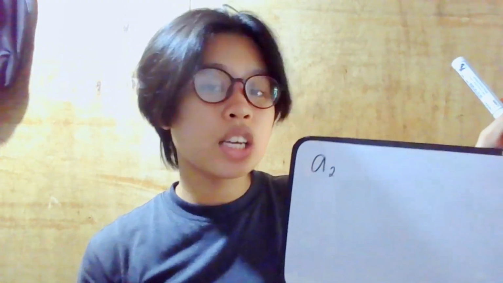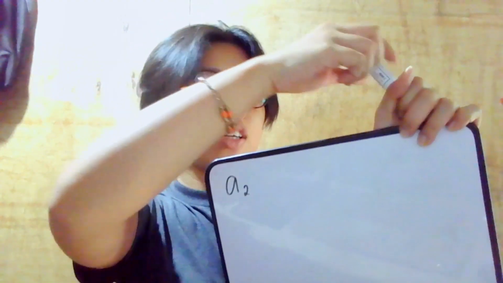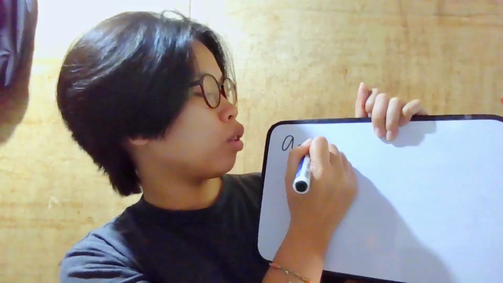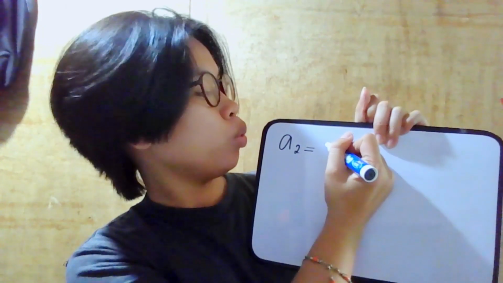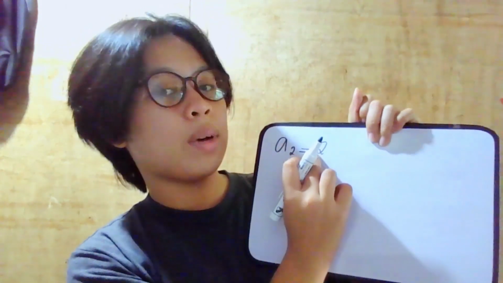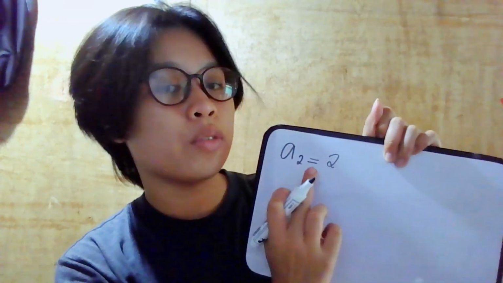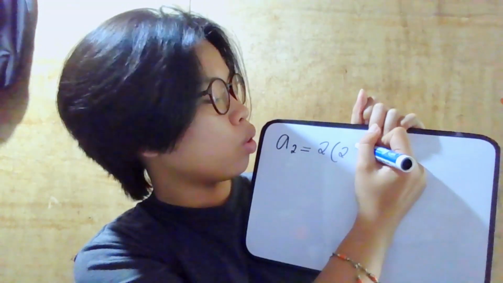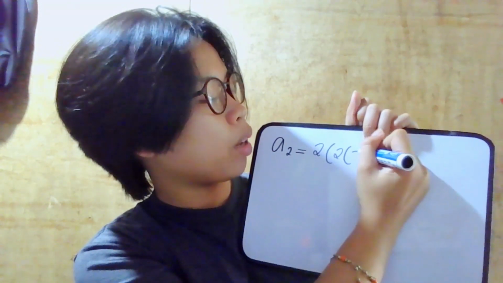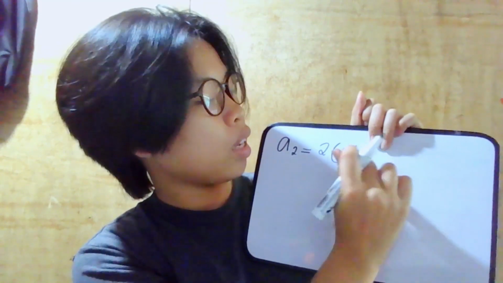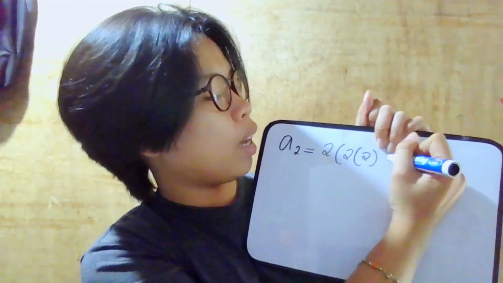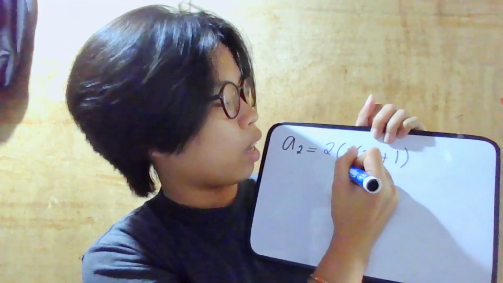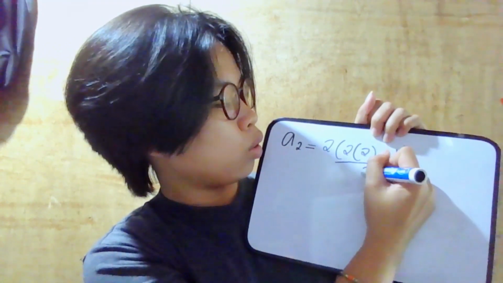Okay, so to have more examples, let's solve for the second term. So a sub 2 is equal to 2, because n here, right? So we substitute 2, then 2 multiplied by 2, because that is also n from earlier, plus 1, divided by 2.